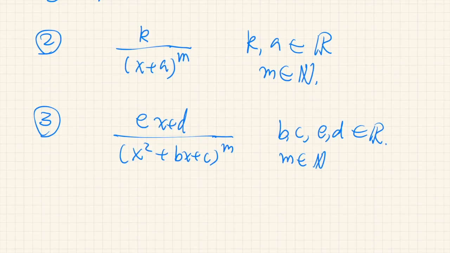And furthermore, we have that the discriminant of this quadratic form must be negative. That is, b squared minus 4c is negative.